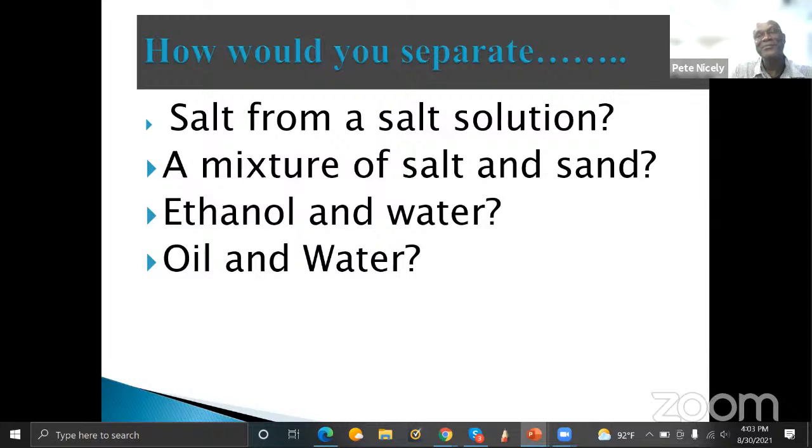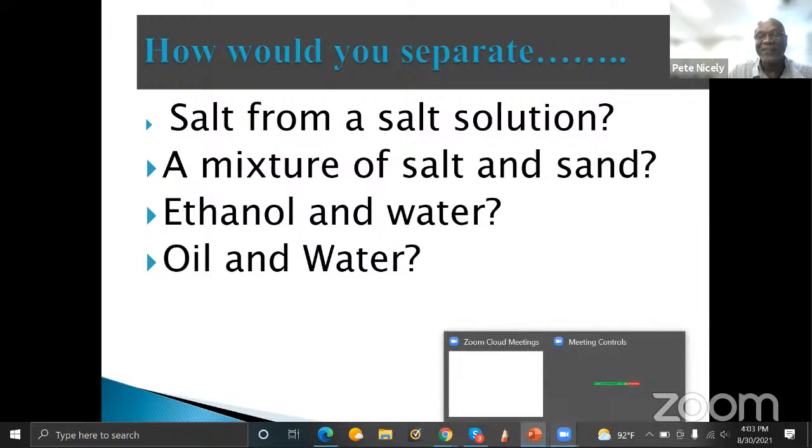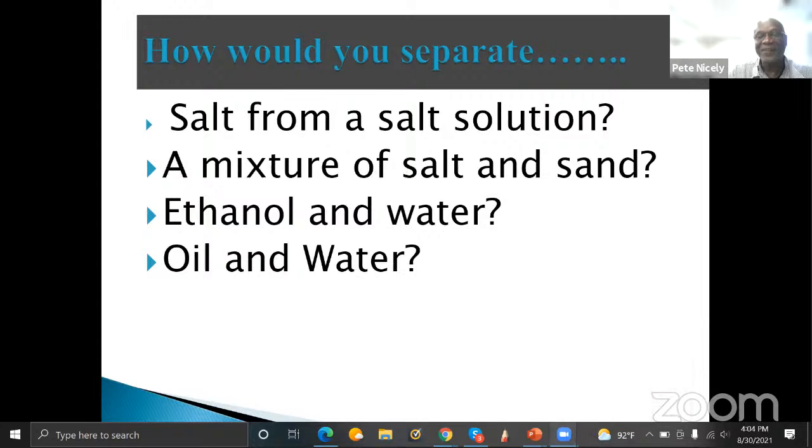Well, no idea. Come on, somebody must have an idea as to how you would separate this mixture.